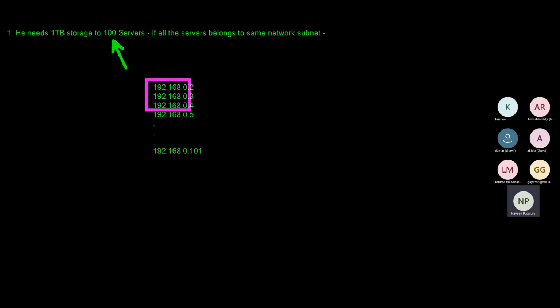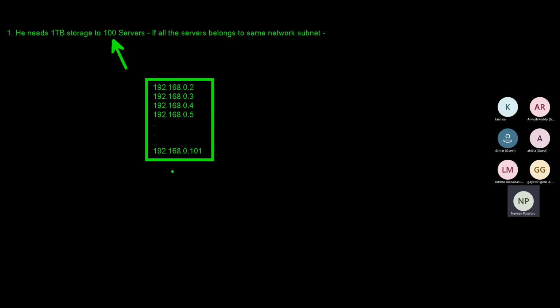Now he needs access to all these 100 servers on a particular volume. So we can add all the servers to the same rule in the client match, adding all the IPs, or we can create a separate rule for each and every server. You can proceed with both ways.